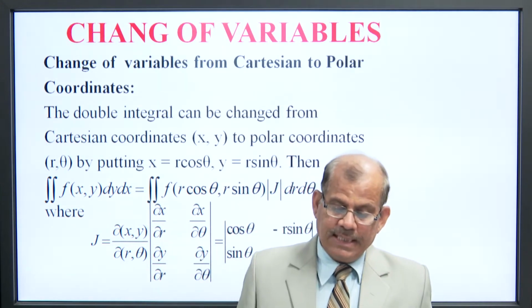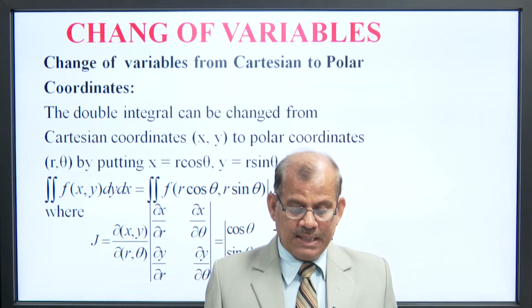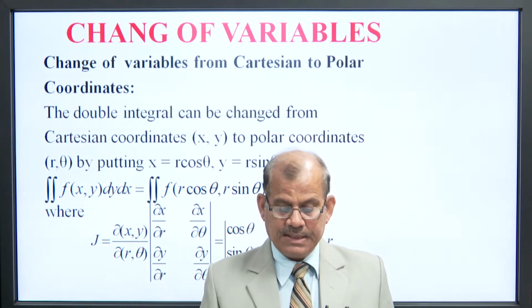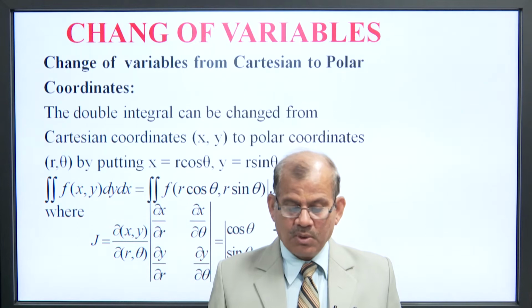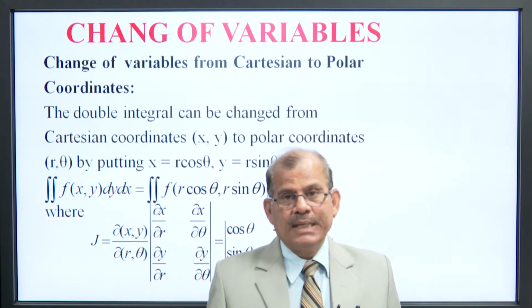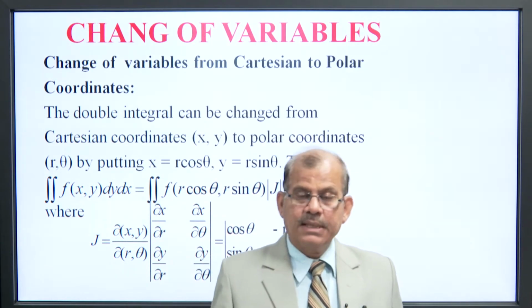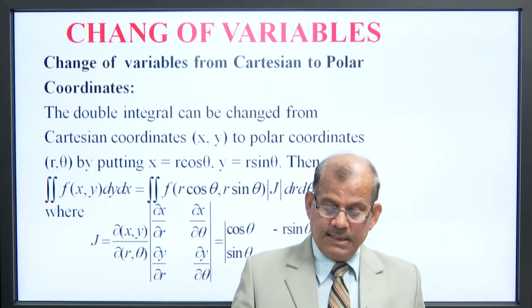The double integral can be changed from Cartesian coordinates x, y to polar coordinates r, theta by putting x is equal to r cos theta, y is equal to r sin theta.